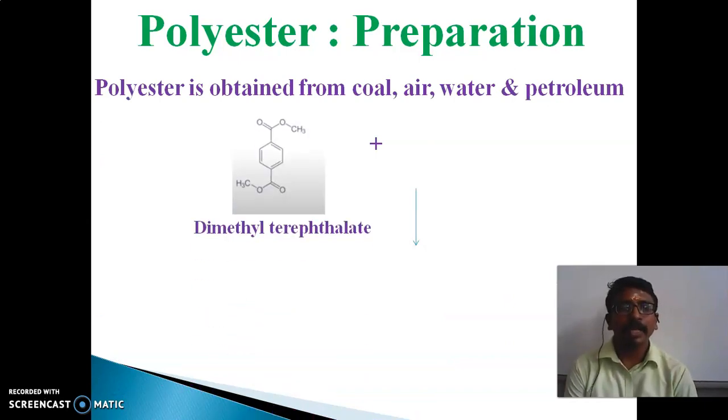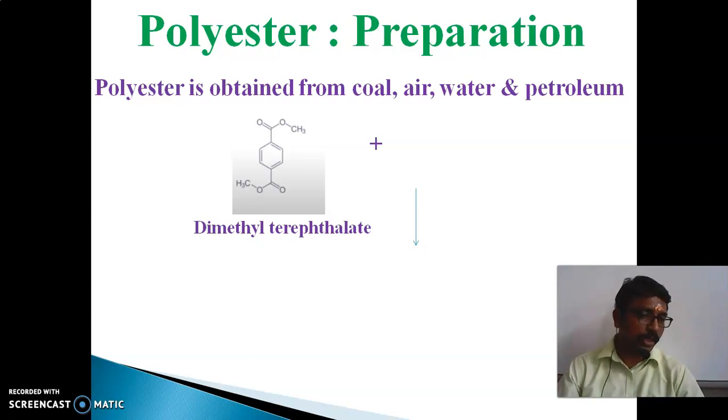dimethyl terephthalate. Terephthalate means in that benzene ring, it will form C double bond O. And methyl indicates CH3. Methane means CH4. Methyl means we have to remove one hydrogen.